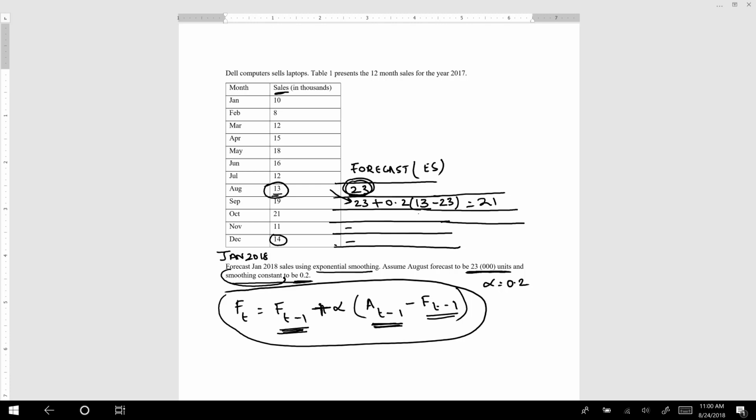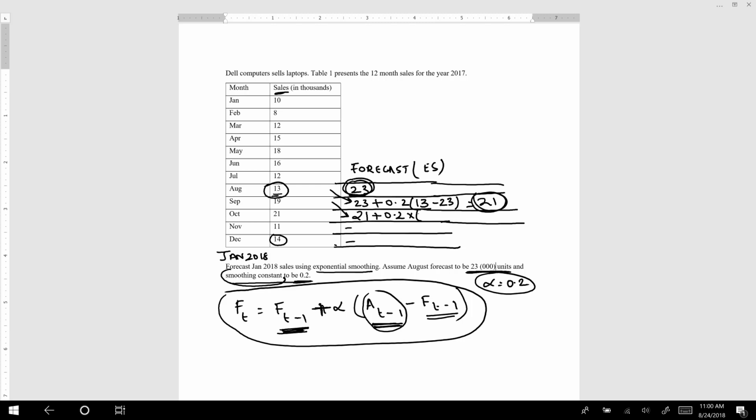Since we have September's forecast, we can calculate the forecast for October. Again I'm using this formula: F of t minus 1, the previous time period forecast, which is 21, plus alpha, the smoothing constant 0.2, multiplied by the actual value.